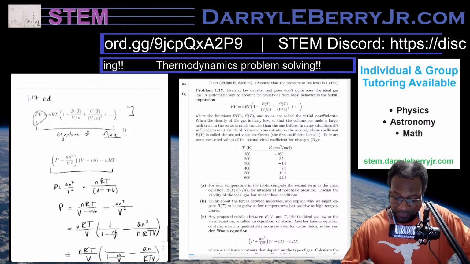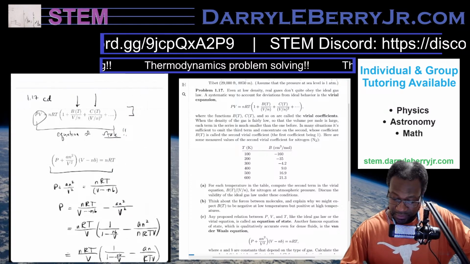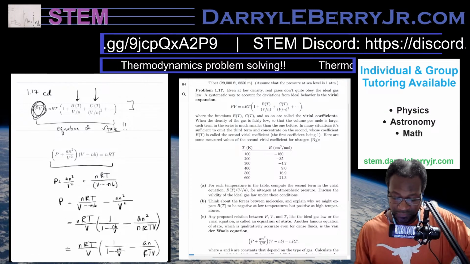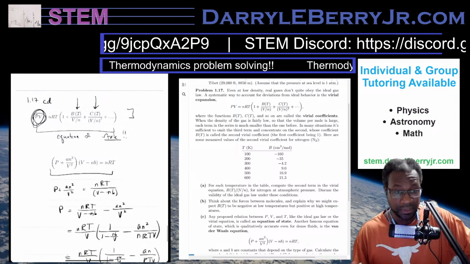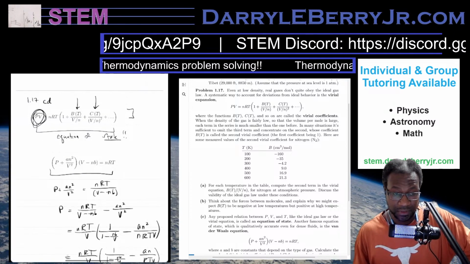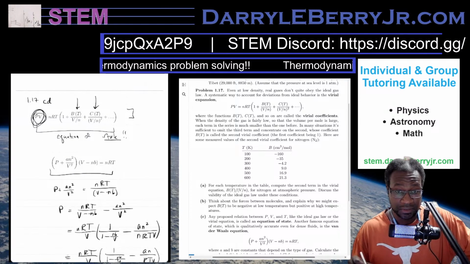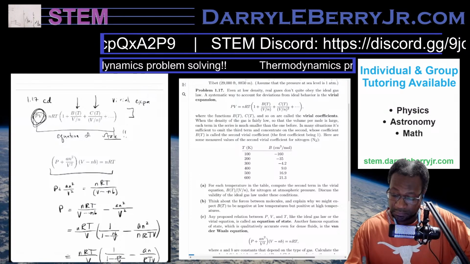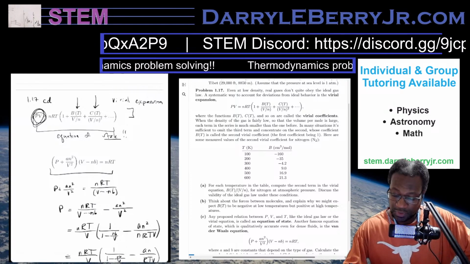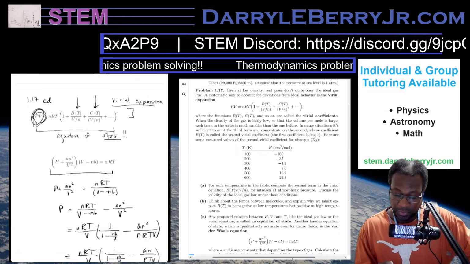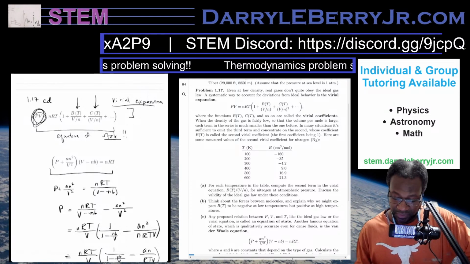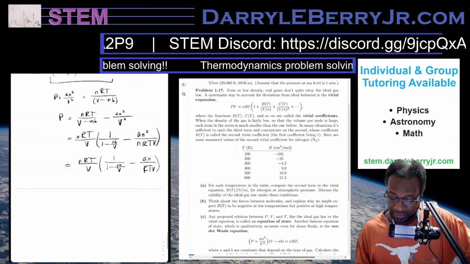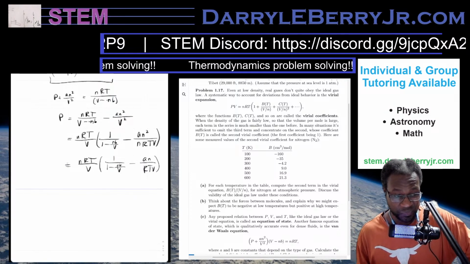So since I'm solving for the virial coefficients, all I have to do is put the van der Waals equation in this form. We want to solve for the coefficients of the virial expansion. All we have to do is put PV by itself, just like PV equals nRT, and then we're left with those coefficients.